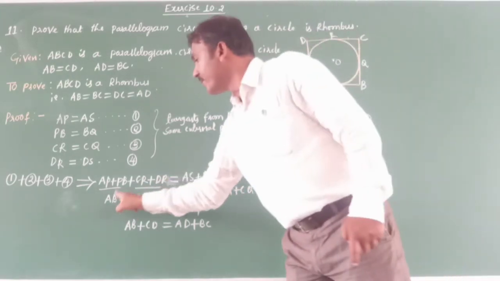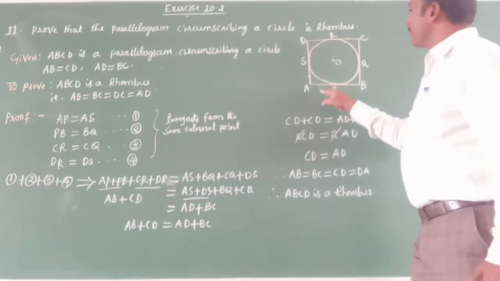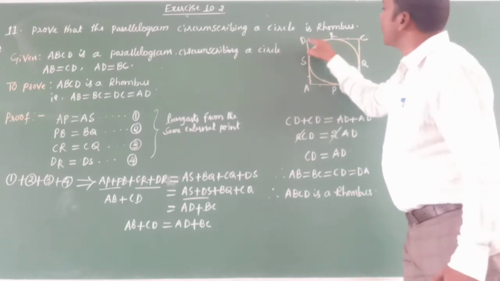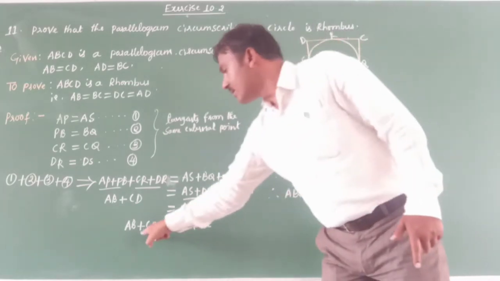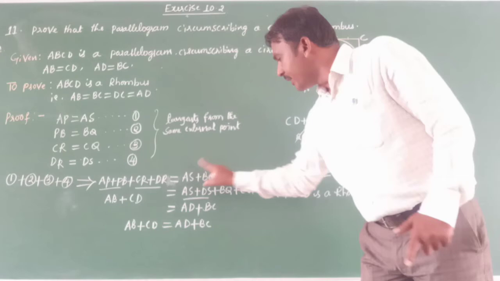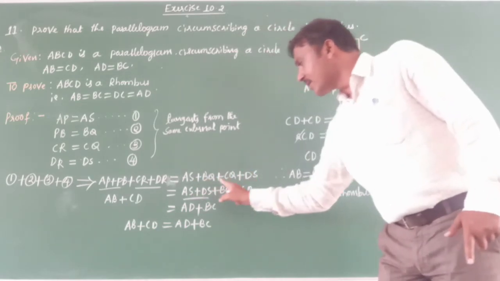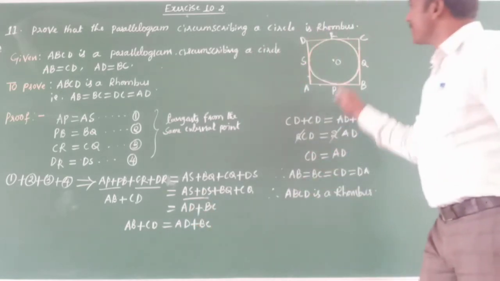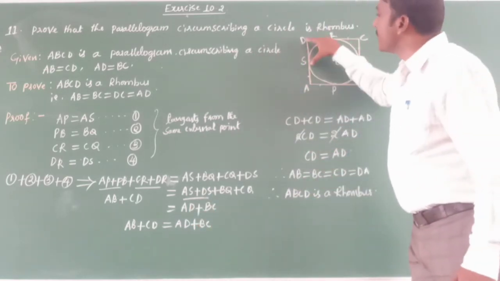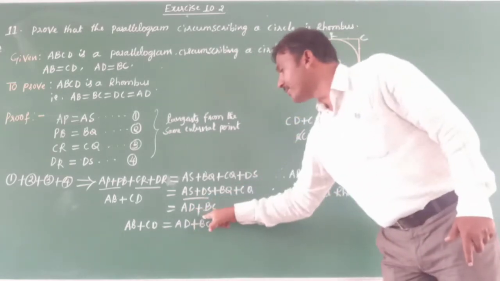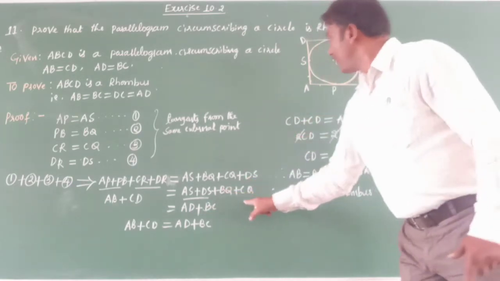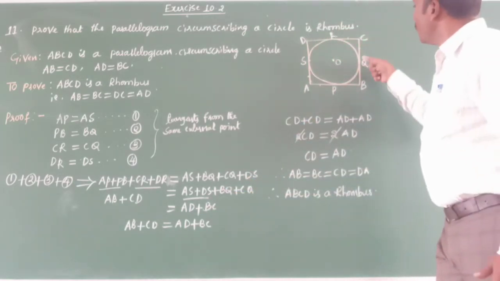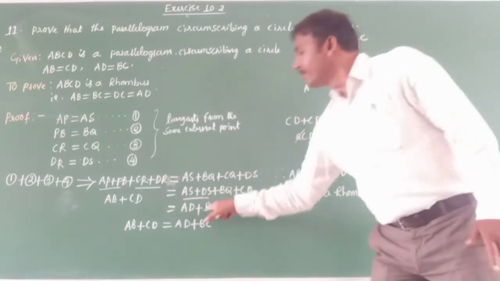CR plus DR gives us CD. That is equal to, rearranged, AS plus DS plus BQ plus CQ. AS plus DS gives us AD, and BQ plus CQ gives us BC.